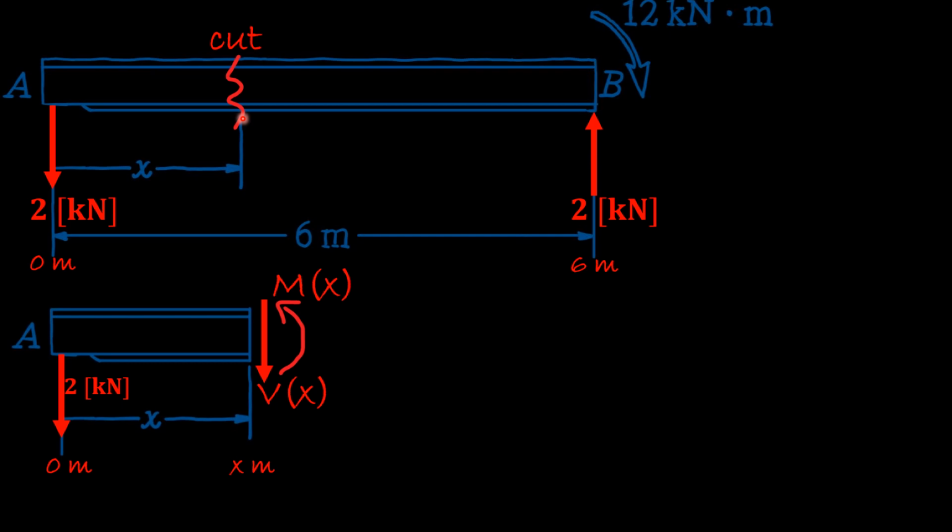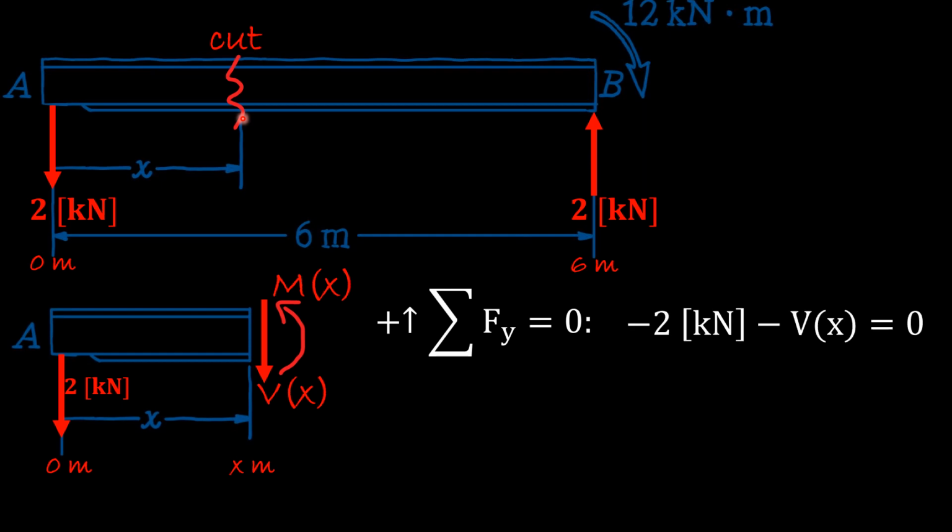These are both internal. So what we can do now is sum the forces in the y direction. And here it will be negative 2 kilonewton, and the internal shear force will also be negative shear force. And that's what we have in here.